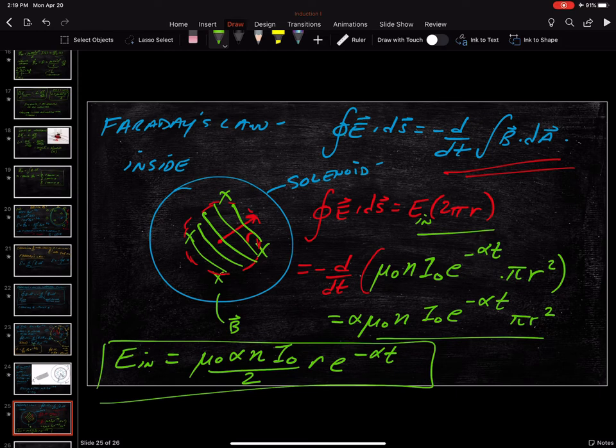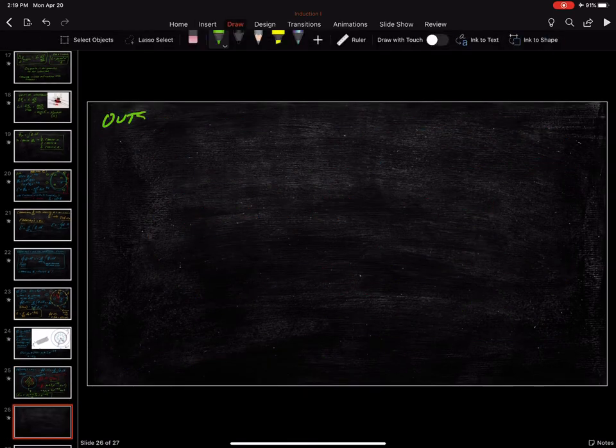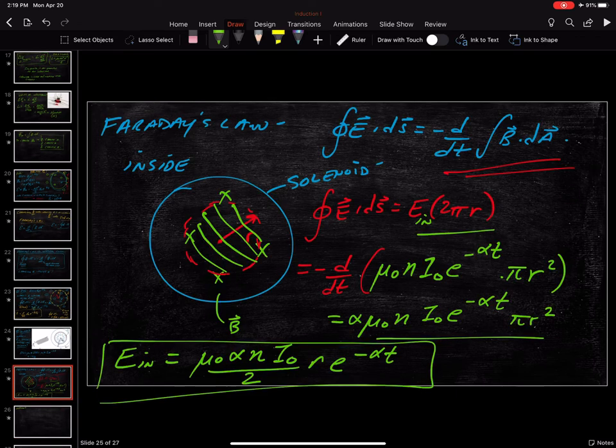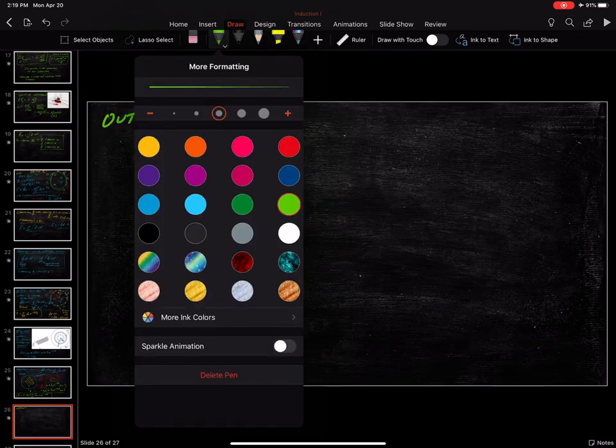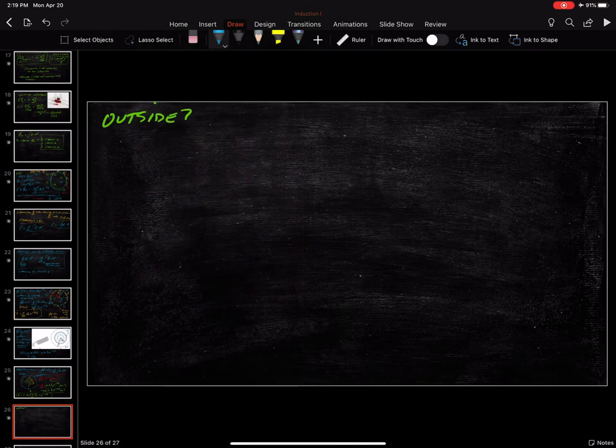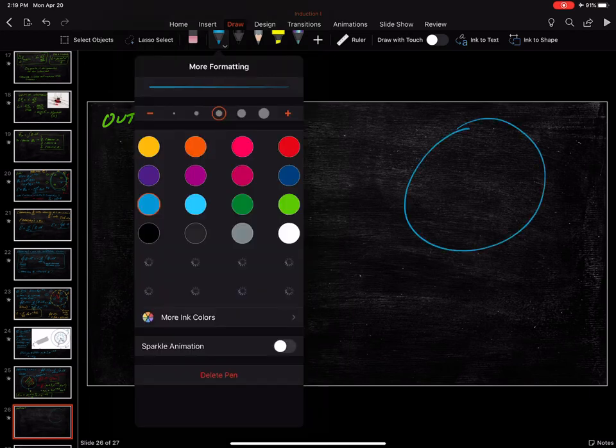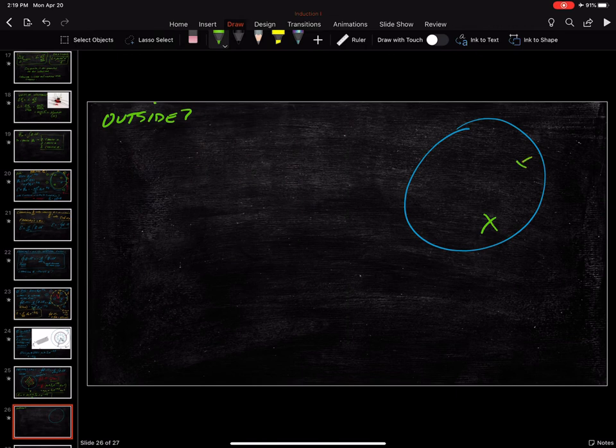Okay. Now, how about outside? Well, I do the same thing. I try to keep the same colors. Here's my solenoid with my magnetic field, again pointing into the page. Notice outside, B equals 0 outside. It's a solenoid. We've talked about that.